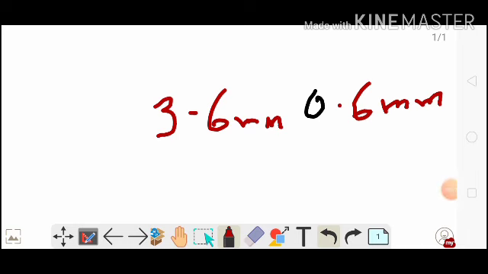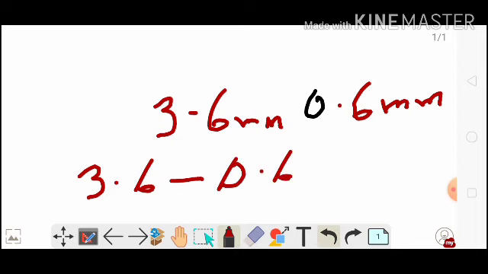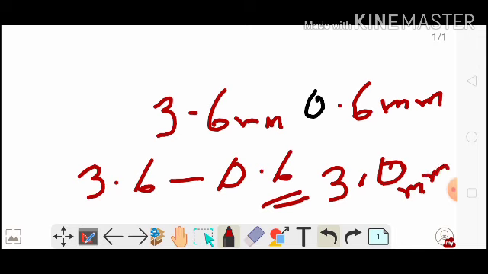So the correct reading will be 3.6 minus the positive zero error, that is 0.6 mm, that gives you 3.0 mm, and you can also write it as 0.3 centimeter if you are taking the readings in centimeter.